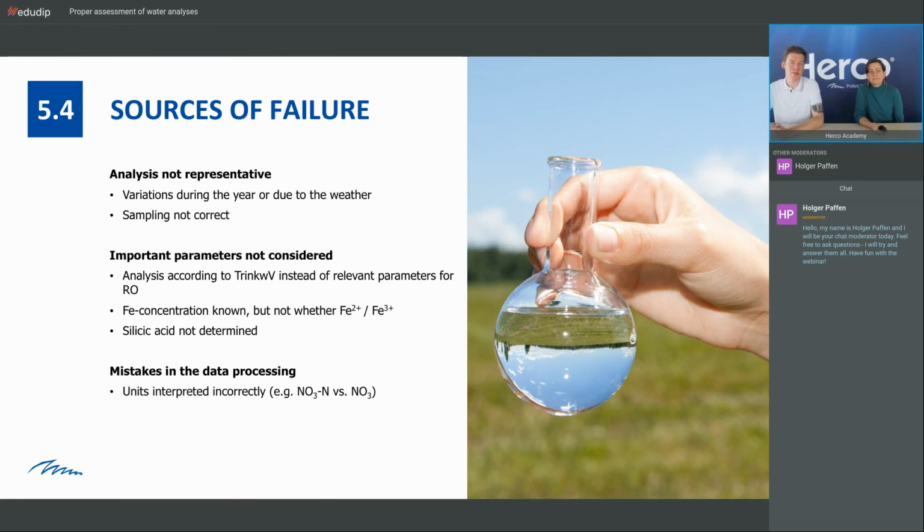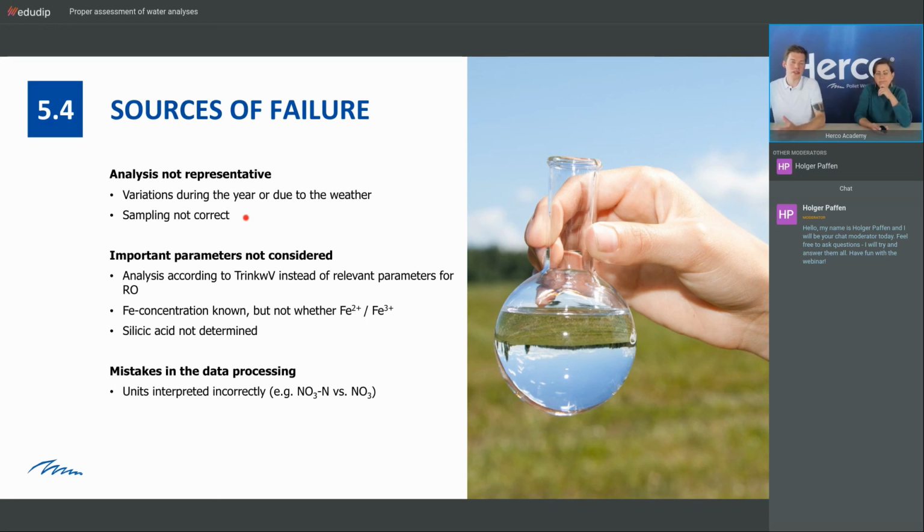Sources of failure. This is something that I meet a lot in after sales, not mainly if you're doing the design. The main failures can be variations during the year or due to the weather. So if we're taking the river water, sometimes we have more rain, we have more things inside from surfaces, and often the sampling is not correct.